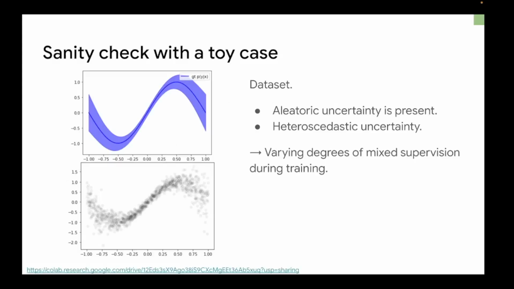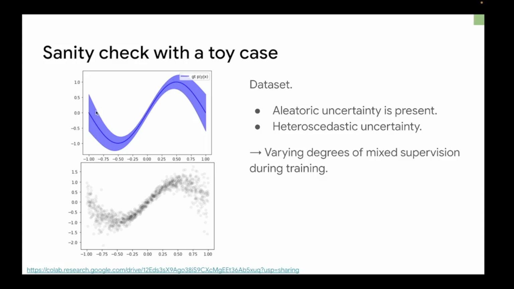So that kind of makes sense, but still I wish to have an empirical proof that it actually works in practice. So again, I came up with a toy case here. The thick blue line here is the ground truth, and the band here is a 1 sigma band around the true mu.